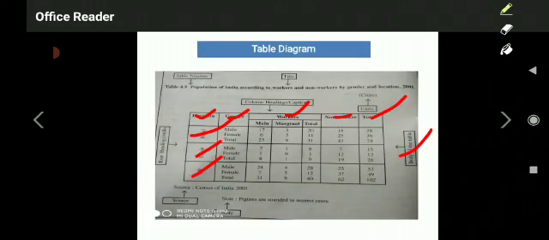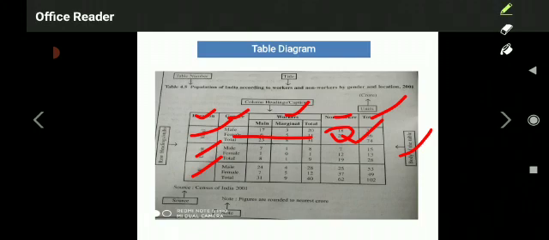Look at the table over here. What does the example say? Second row, this is the second row. Fourth column, this is the fourth column. So in the fourth column, second row, we can see 25 crore females in rural India.